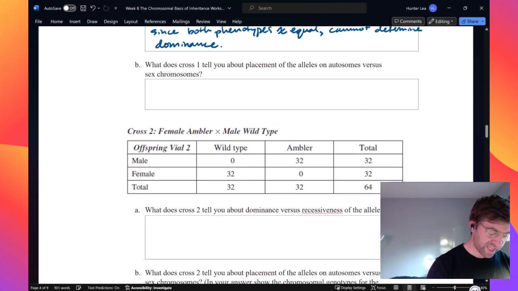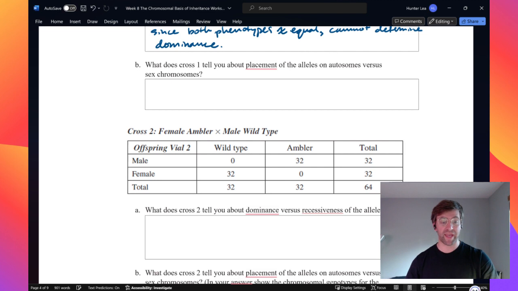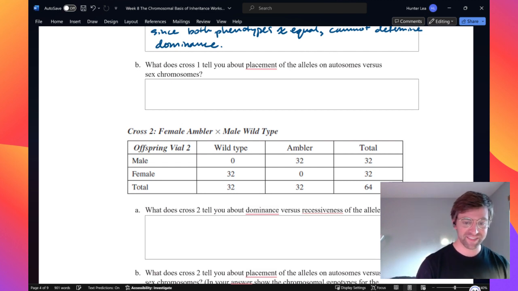What does cross 1 tell you about placement of the alleles on autosomes versus sex chromosomes? So this one we can talk about a little bit. Because the number of males and females in each phenotype is approximately the same, it's actually, again, impossible to determine if the allele is on an autosome or a sex chromosome. I'm sorry, I misspoke there.